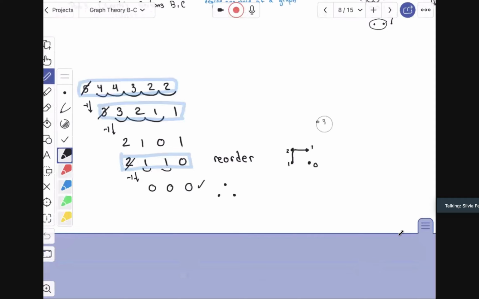This one is supposed to have degree 3, and it was joined to these 3, which became these 3 right here. You see? So this new vertex is supposed to be joined to those 3, and those 3 correspond to these numbers after I subtracted the 1. Question?